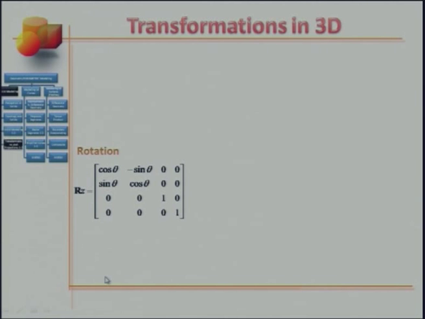For example, if I am to rotate an object about the z-axis, I will have the entry 1 in the 3rd row and the 3rd column, and then I will start putting in cosine of theta, minus sine of theta, and cosine of theta in the corresponding x and y entries, which are of course the first and second rows and the first and second columns.